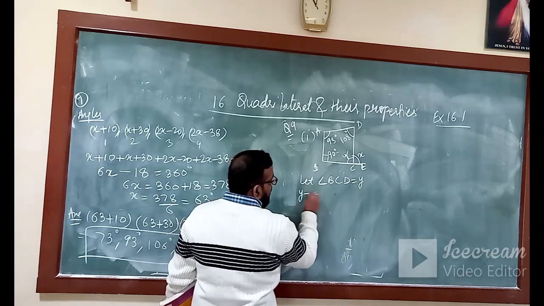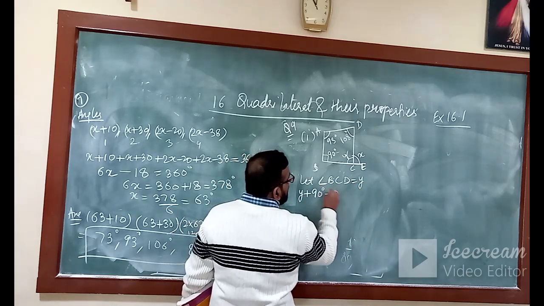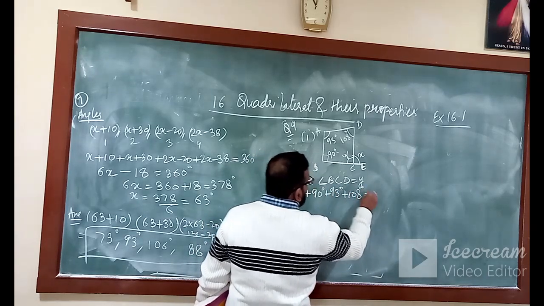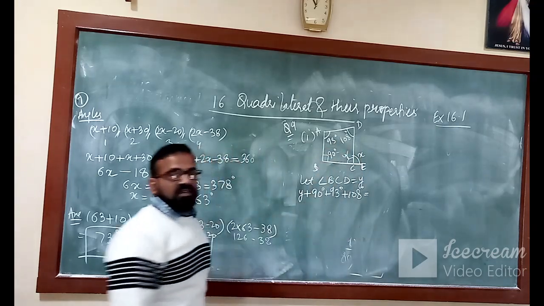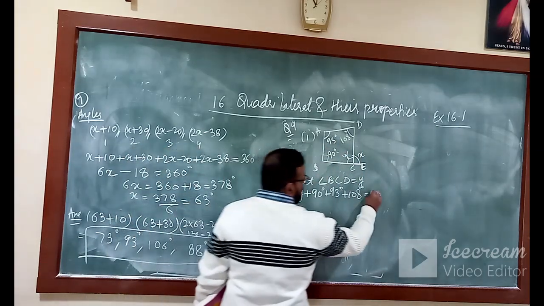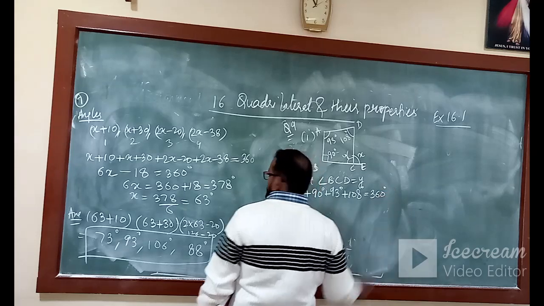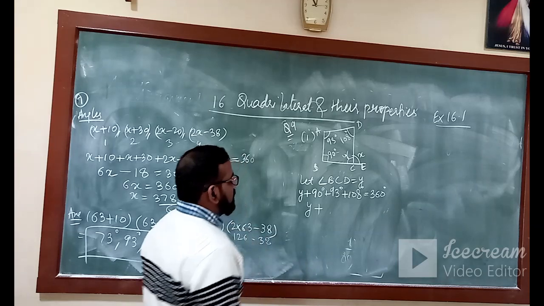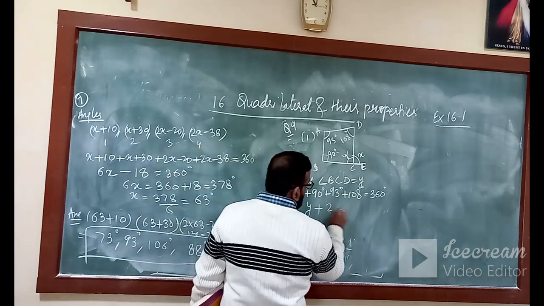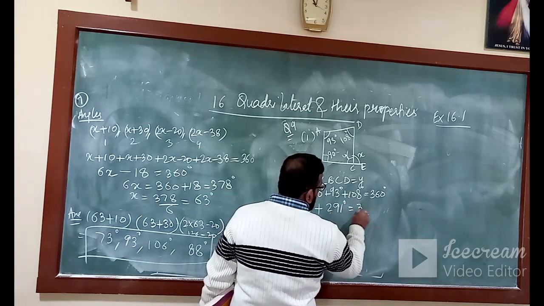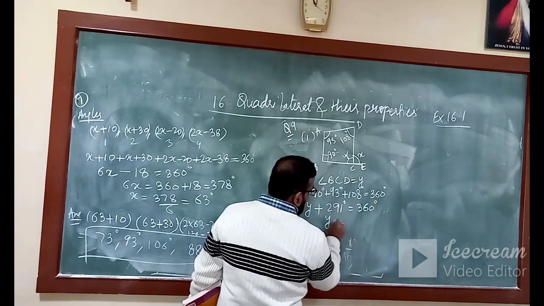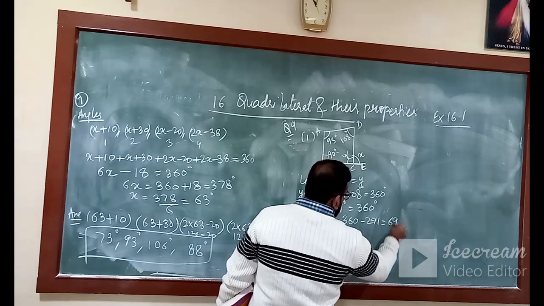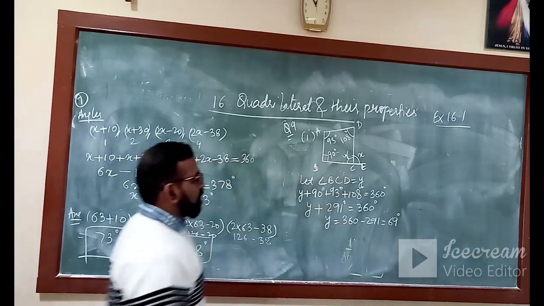So I will use y plus 90 plus 93 plus 108, and since ABCD is a quadrilateral, it is clearly visible, so its sum will be 360 degree. So we got y plus 291 degree equal to 360 degree, that is y is 360 minus 291, that is 69 degree.